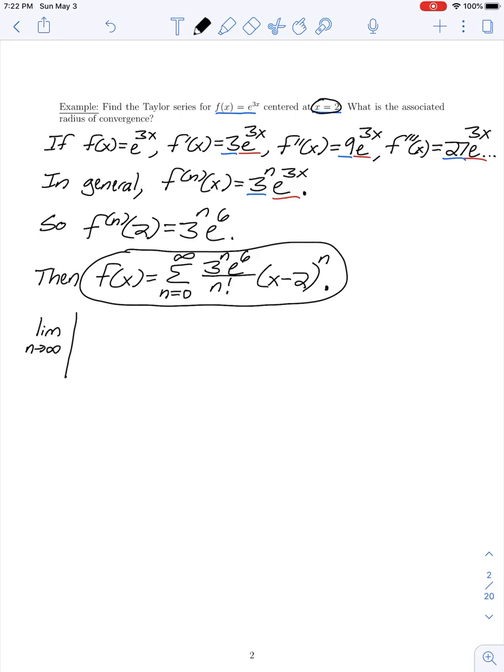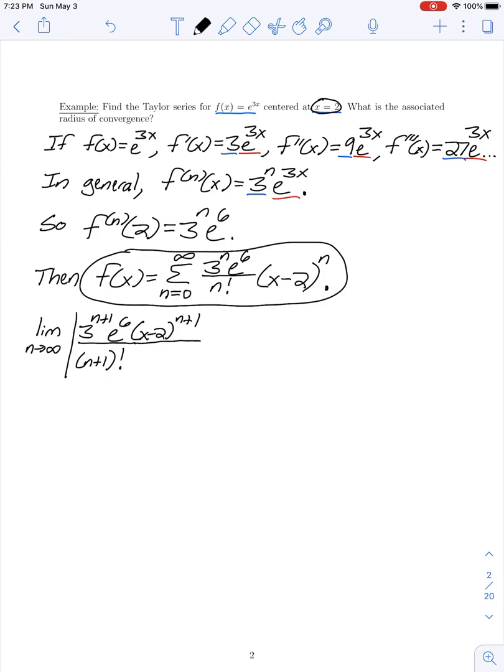So here, our n plus 1 term would be 3 to the n plus 1 times e to the 6th, divided by n plus 1 factorial, times x minus 2 to the n plus 1 power, and then we divide by the nth term.